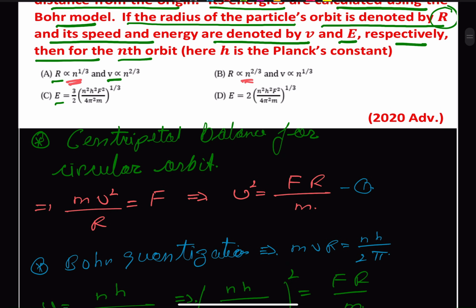So option number B is the correct one with respect to radius and velocity.